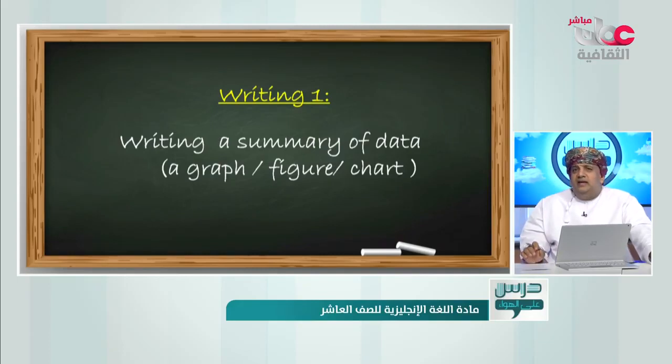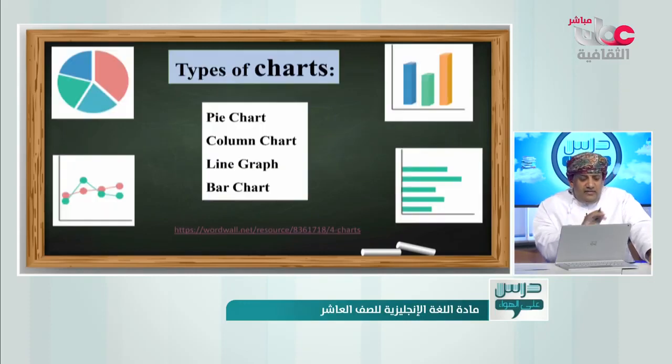If you remember in semester number 1, unit number 1, we revised how to write or describe information about a graph or figure. If you remember these 4 shapes, what are these shapes? We have here pie chart, column chart, line chart, and bar chart.